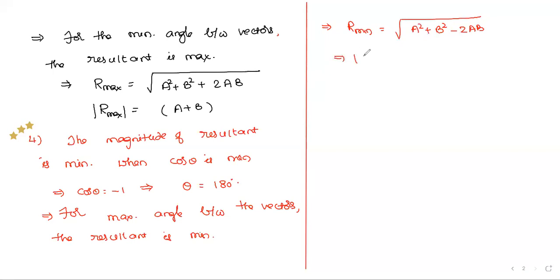That implies R minimum magnitude is equal to a minus b or b minus a, depending upon the bigger value. So a minus b whole square or b minus a whole square will be the same. So either a minus b or b minus a. When you come to numericals, you take bigger minus smaller.